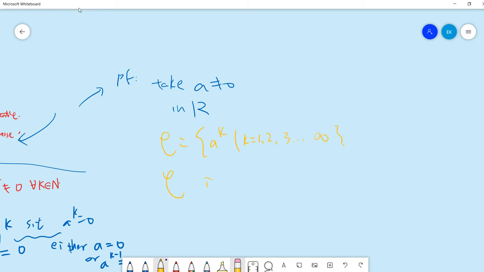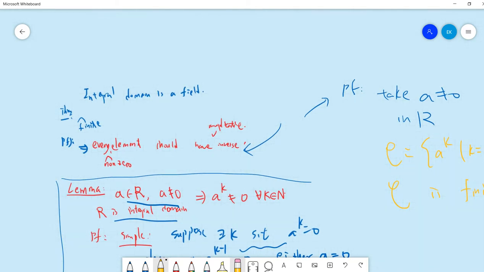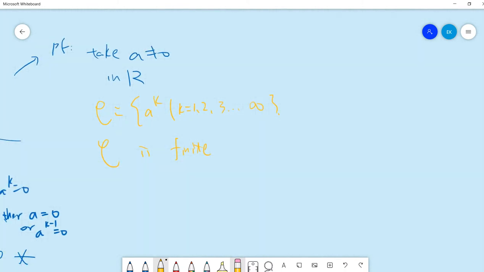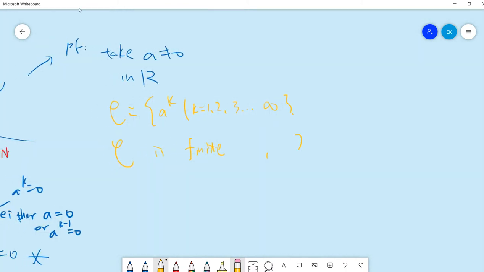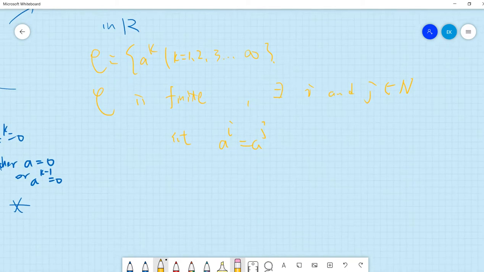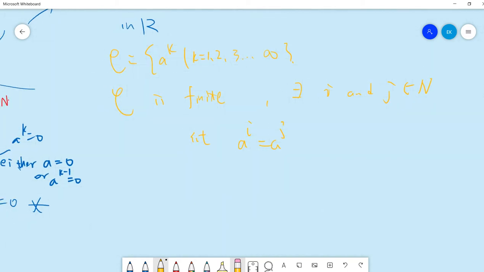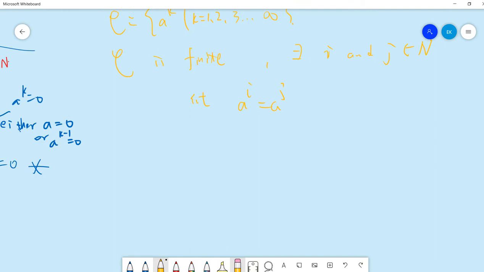C is finite, because I assume that this is a finite integral domain, so R is finite, so C is finite. That means there exist i and j integers such that i does not equal j with a^i equal to a^j. If this is not true, then definitely you would have infinitely many elements, which contradicts the original assumption.